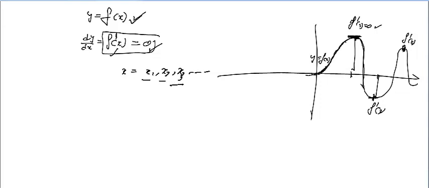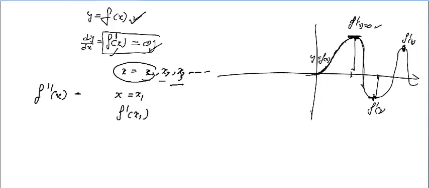The method is you will find the double derivative. After getting the double derivative, you will put each point one by one. You will put x equal to x1 in the double derivative.